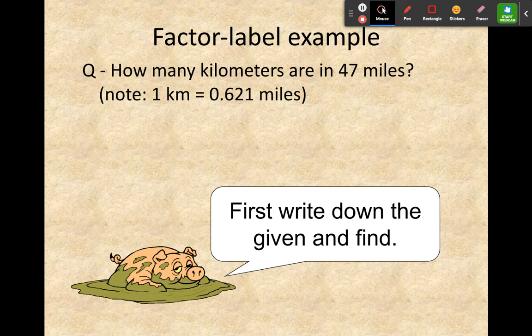So what is our given information in this problem? 47 miles. So you would write your given equals 47 miles. And what are we trying to find? Kilometers.